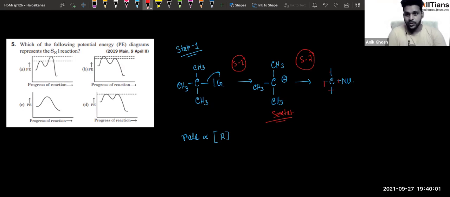Because of this, step 1 is the slowest step. We can say rate determining step or the slowest step. It is slowest because it asks for a huge amount of energy, because it is not becoming stable. It's just like if I push you out from your home right now, that's the unstable form you are going to get.